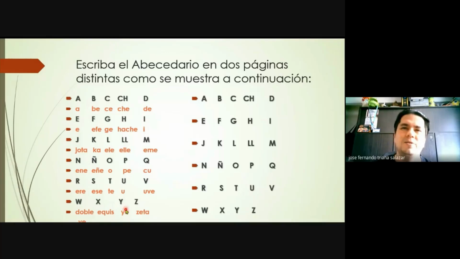Yuca is similar to a potato, but, well, I don't know how to say yuca in English. I don't remember right now, but it is something similar to a potato, but a little bit stronger, thicker. It's like a root. It's a root, in fact.